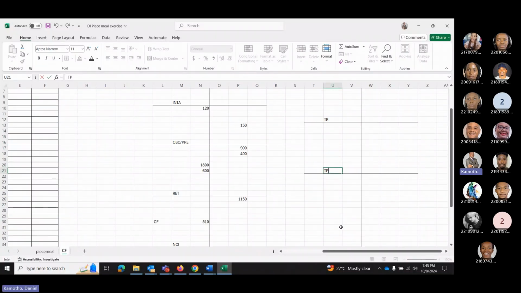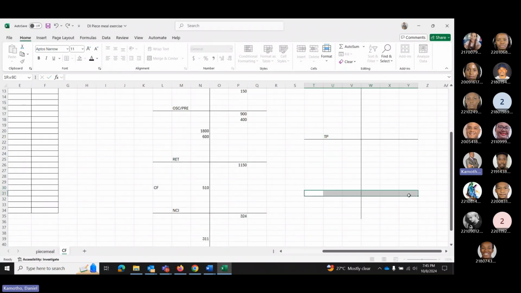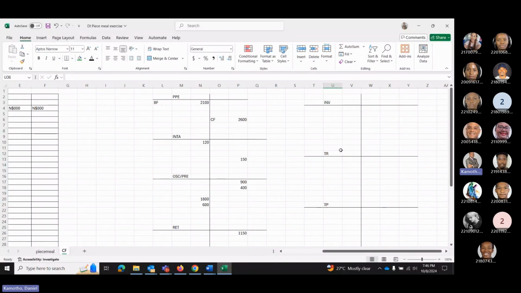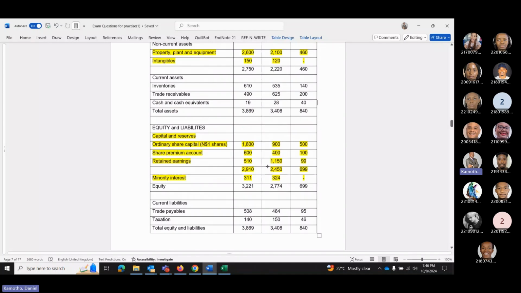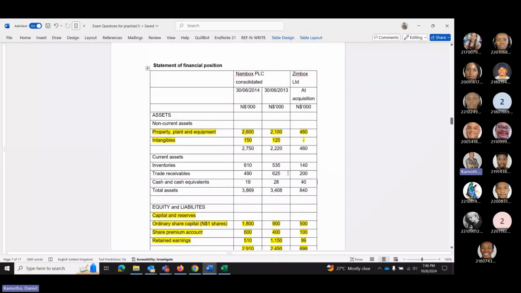I need to do one here for tax. We call it tax. Now we can also do the same and bring the amounts. So we go to this equipment to here. We look at inventory, 535 and 610.